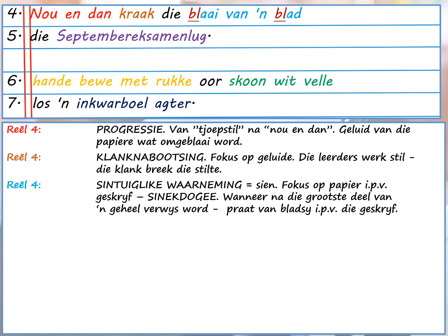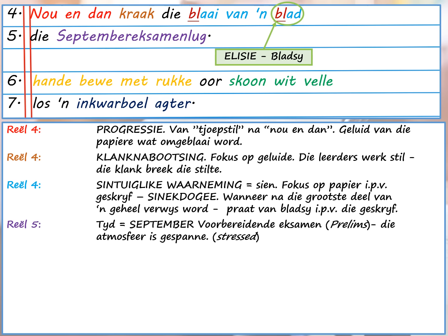We are simply referring to half of it, a blad. It is also a shortened version of bladsy, so it's elision. They've shortened it so that it fits into the rhythm, into the length of the poem. I wouldn't say rhyme because there's no rhyme here, but they've shortened that word.